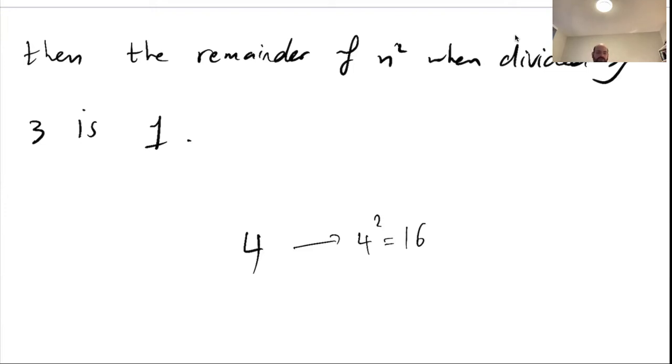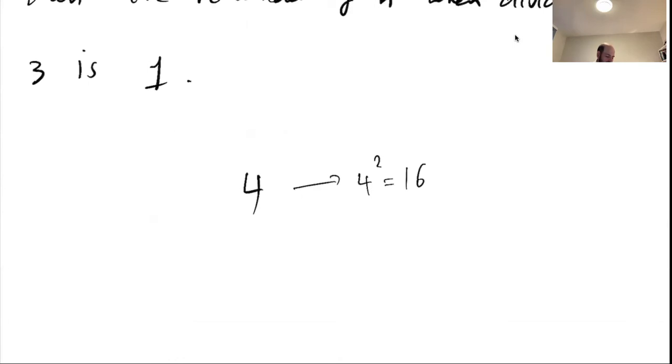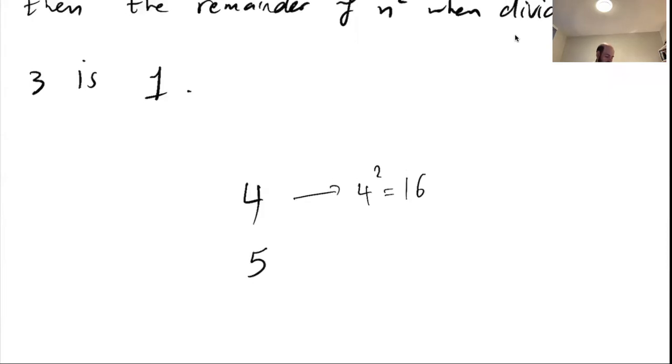Well, that's true, right? Because 16 is 5 times 3 plus 1. So the remainder is 1. Well, another number not divisible by 3 is 5. Then 5 squared is 25. 25 also has remainder 1 when divided by 3, because 25 is 8 times 3 plus 1.